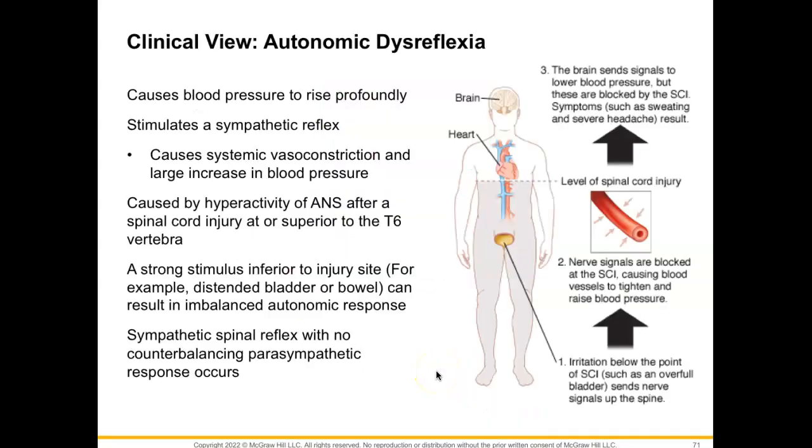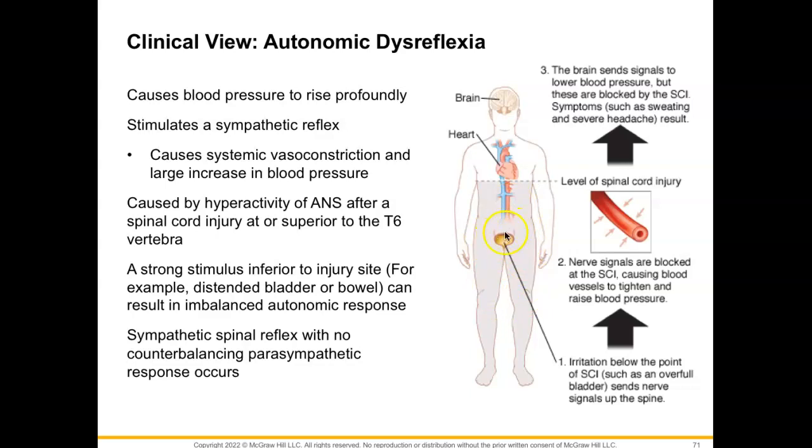And the last thing we're going to talk about is this clinical view on autonomic dysreflexia. This is a condition in which you have had a spinal cord injury at or superior to the T6 vertebrae and causes a hyperactivity of your autonomic nervous system. We will see that you will get some type of strong stimulus inferior to that injury site.